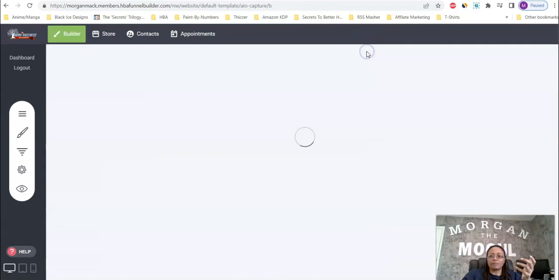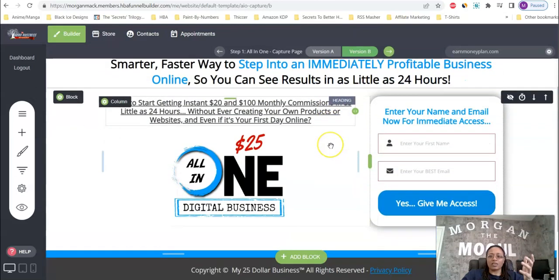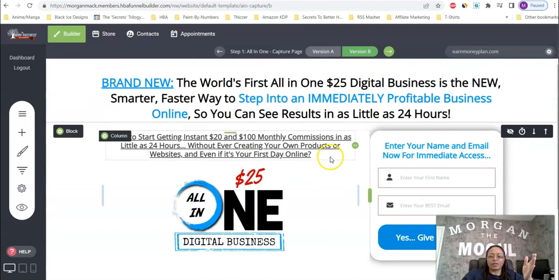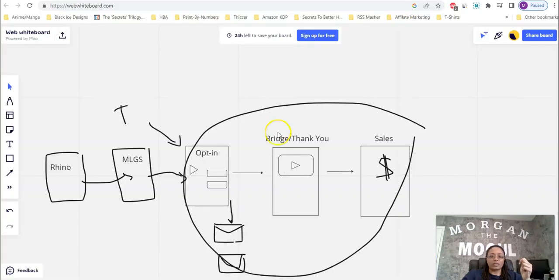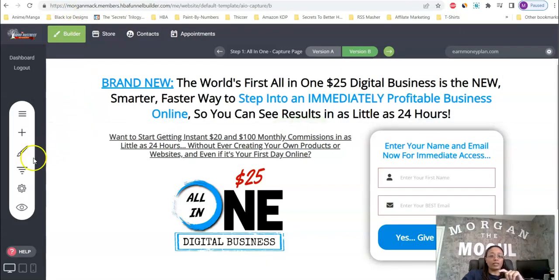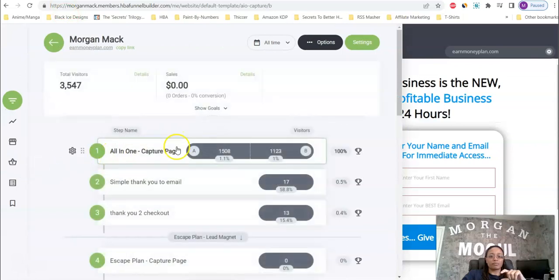And then this is the other converting landing page. So this is where we are: those 2 pages that I just showed you were the 2 opt-in pages. Now the bridge page, or the thank you page, is over here. I also have 2 of them.